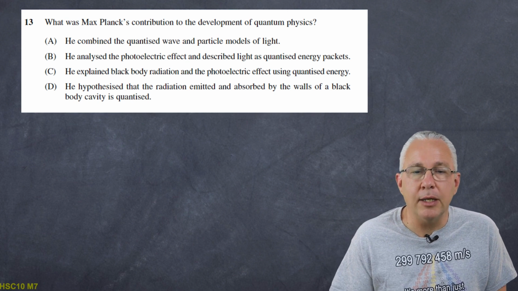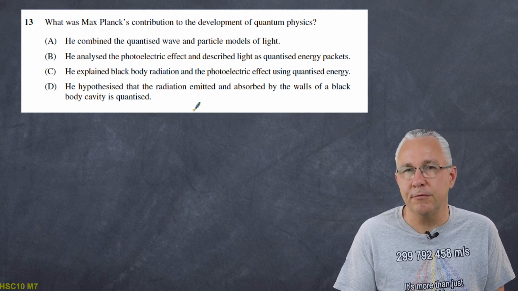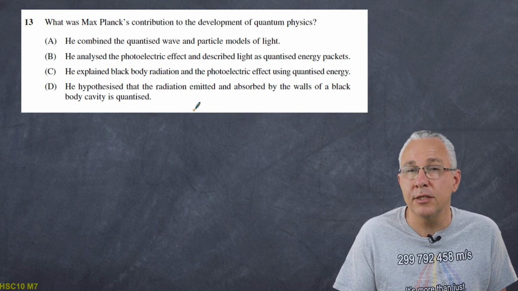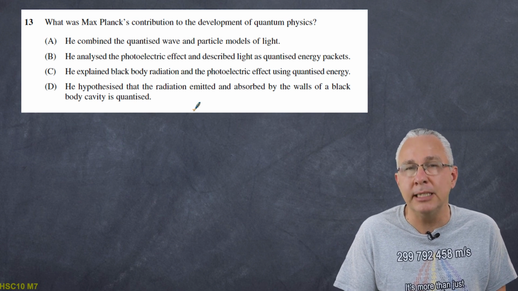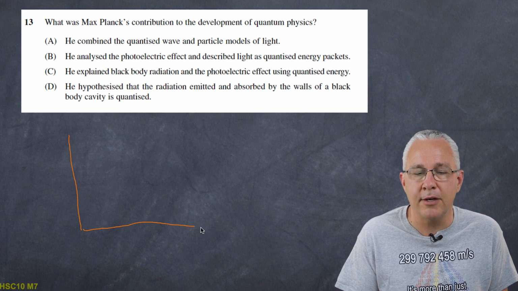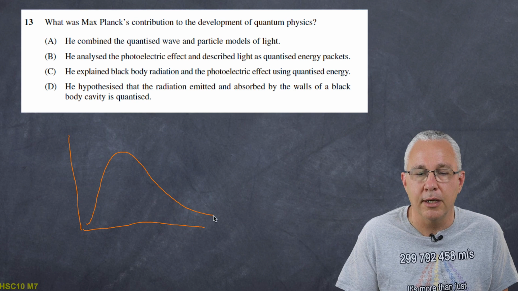Question number 13. What is Max Planck's contribution to the development of quantum physics? So, quick summary. Max Planck was interested in how a black body radiates energy, and experimentally it was shown to have a particular type of graph. That graph is now known as our black body curve.